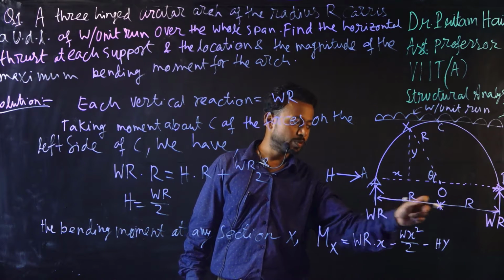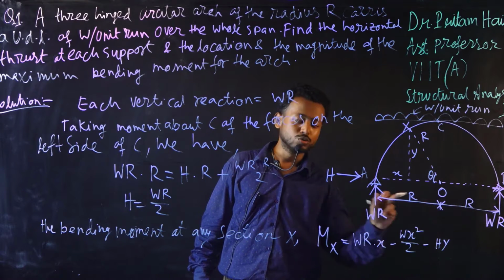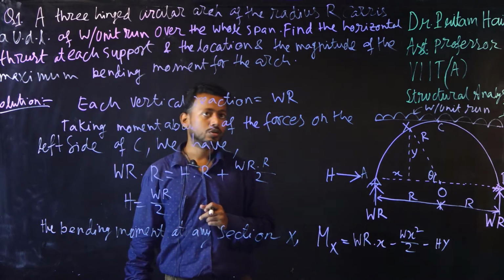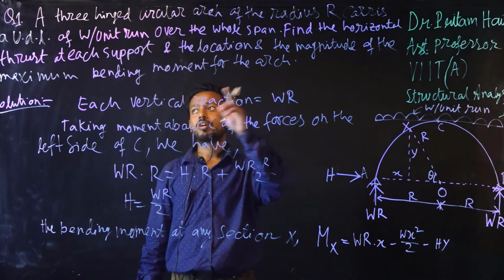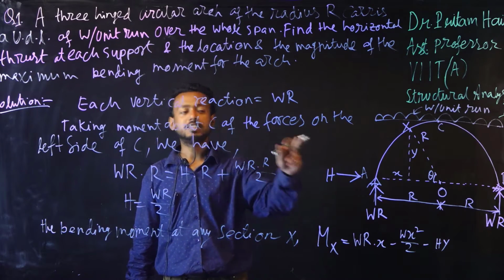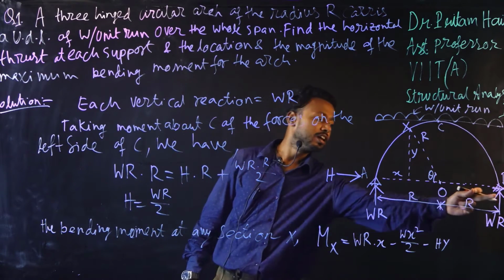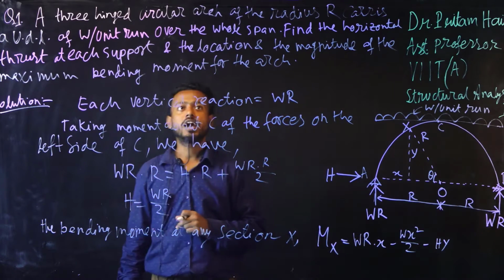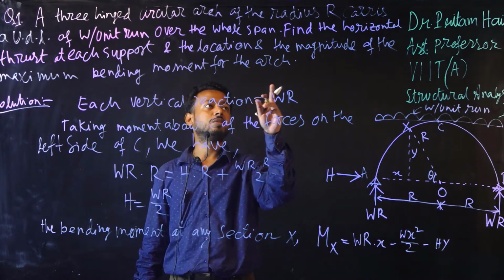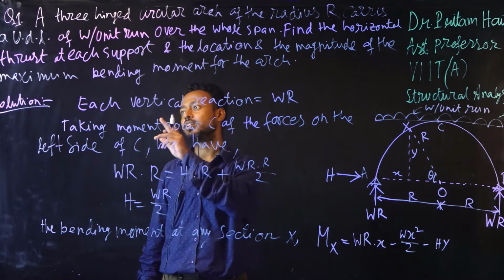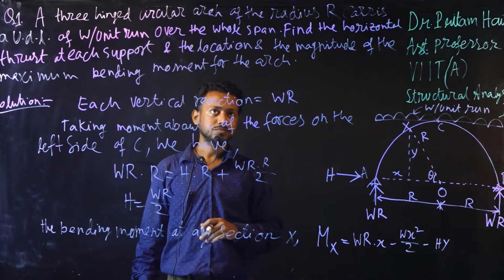So the total span will be r plus r, 2r, right? We have to find the horizontal thrust at each support, here and here, and the location and the magnitude of the maximum bending moment for the arch.